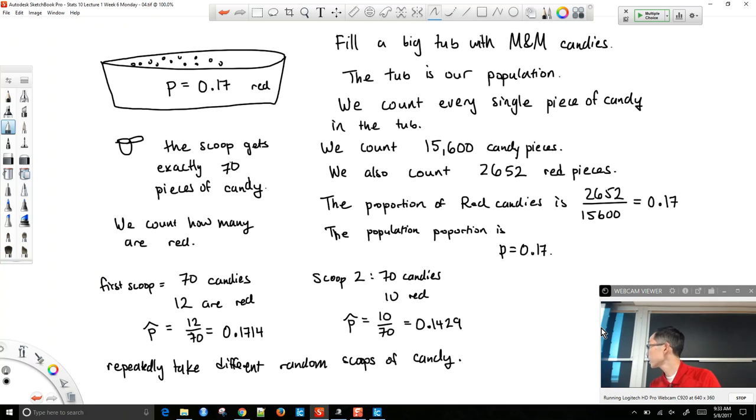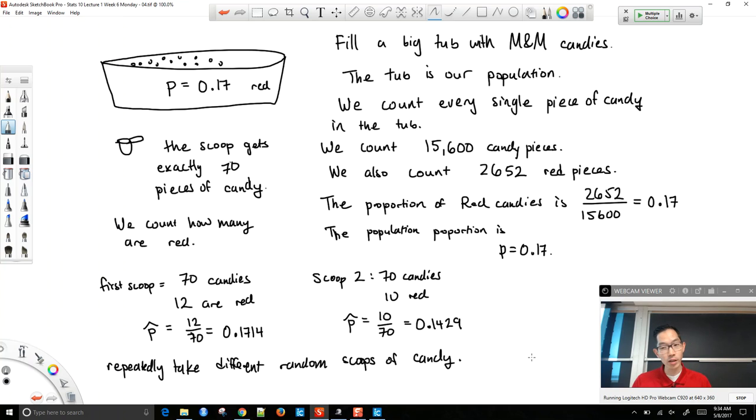And every time I do this, I keep track of the different p hats I observe. And the question is, which p hats will occur most often, and what are the different p hats that I will see? Are certain p hats going to appear more often, certain p hats going to appear less often? That's what we want to know. And so the distribution of all of those different p hats that we are keeping track of, that is our sampling distribution. So we repeatedly take different scoops of candy.